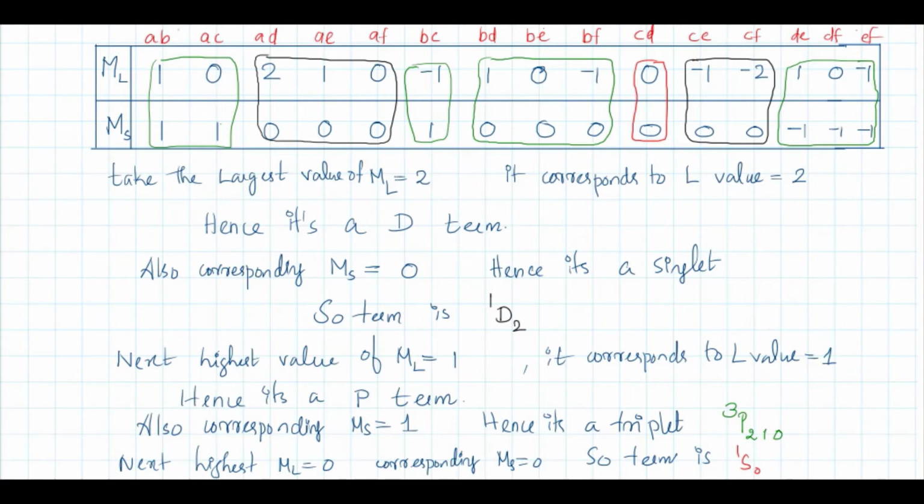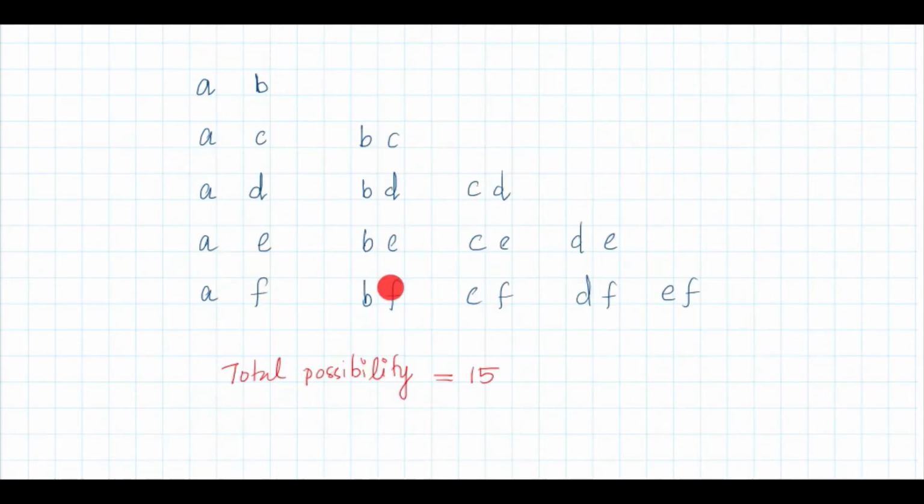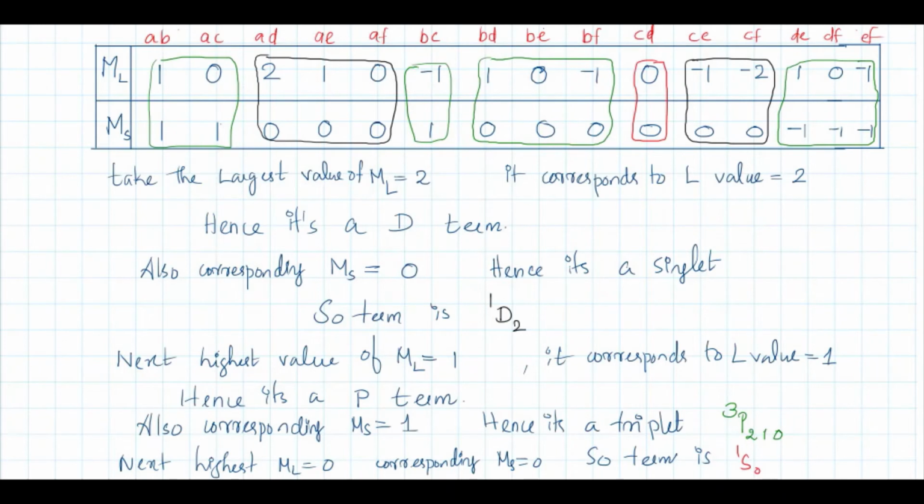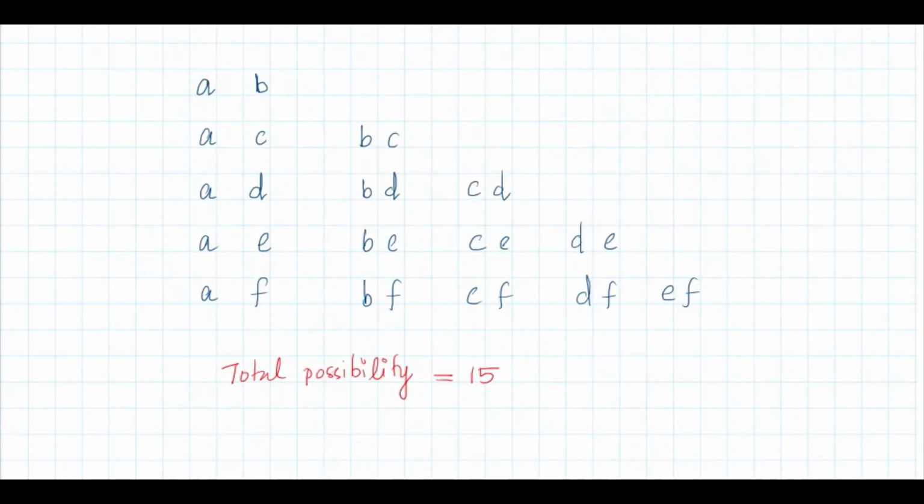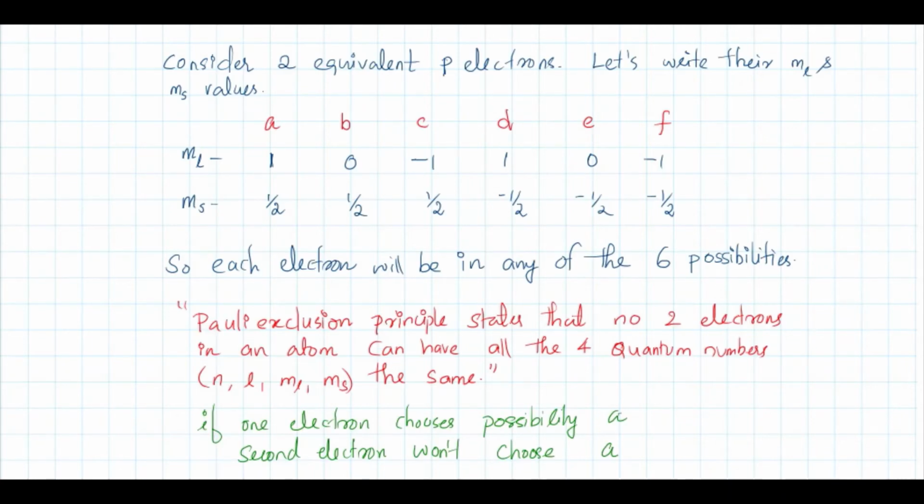I will write the total ML and MS values for these 15 combinations. For example, for AB, one electron in the A state, second electron in the B state, what is the total ML value? For the first electron it is 1, second electron it is 0, so 1 plus 0, 1.